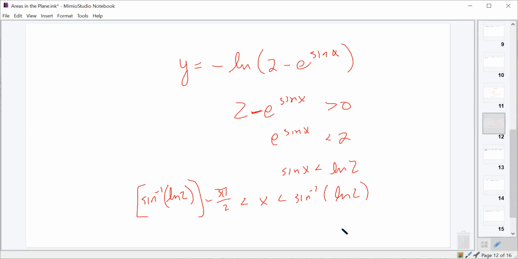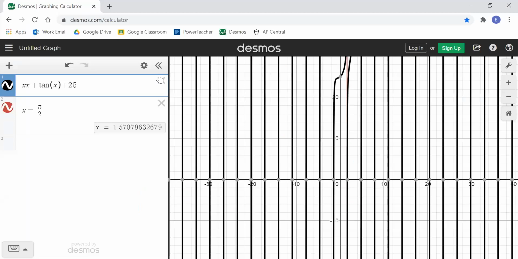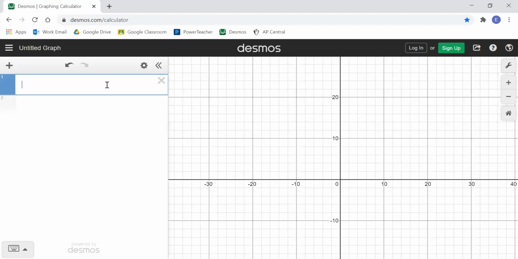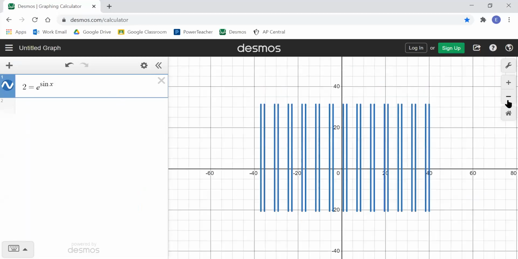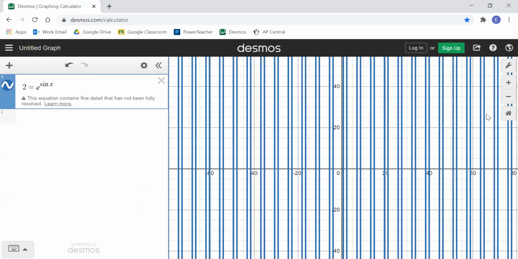But if you were to go in and just look for when 2 minus e to the sine x is greater than 0, you can look at that on Desmos. Right, 2 minus e to the sine x. And what are we looking for? When it's greater than 0, right? Oh, man.